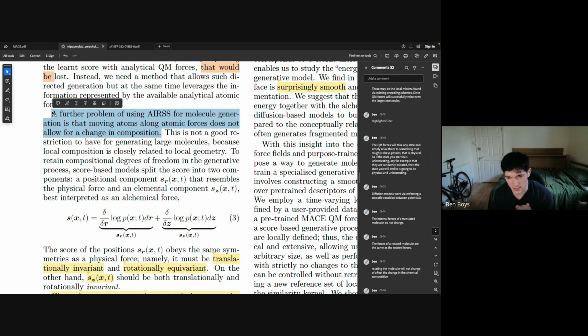But as soon as you define something that is reactive, that has no fixed functional form, that can take as input any number of atoms in any particular state, then you can start to generate molecules of varying size, which I think is an idea that can be used in generating all different types of graphs and not just molecules.